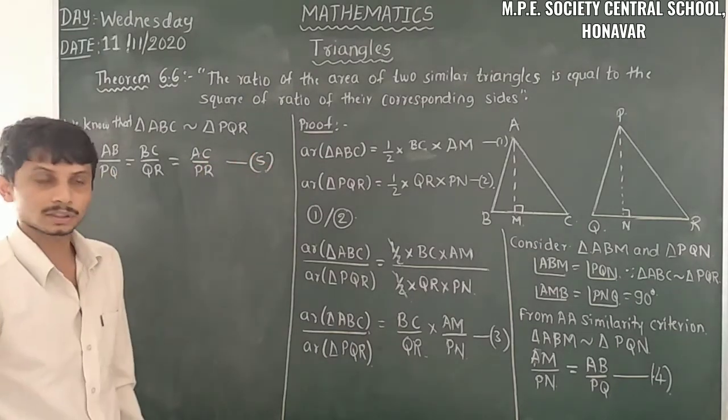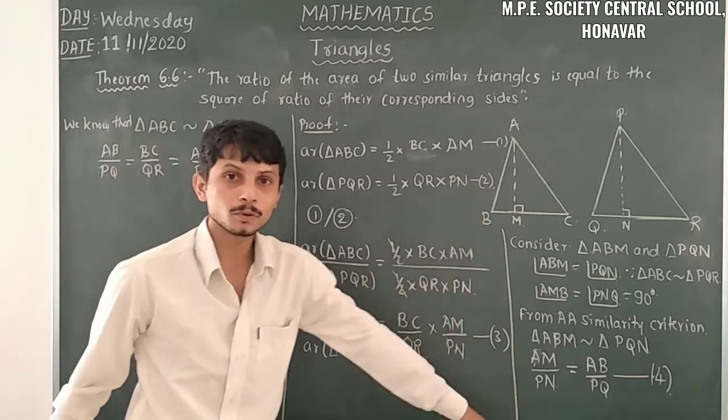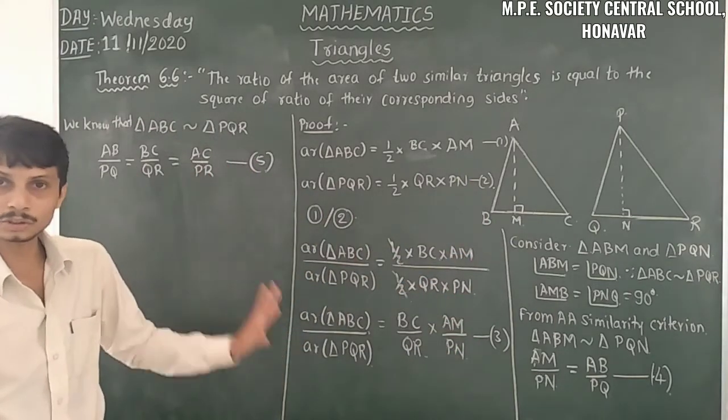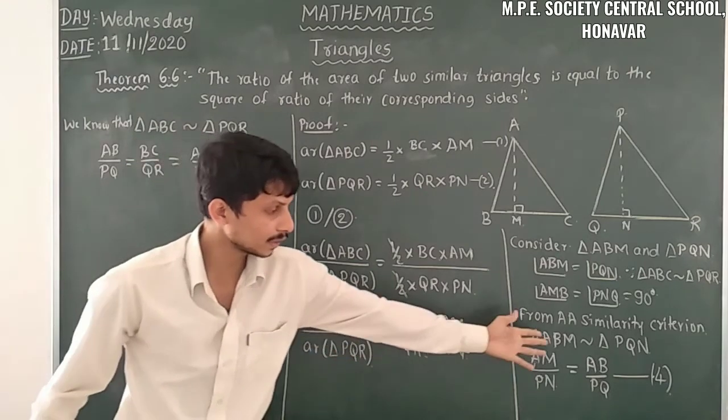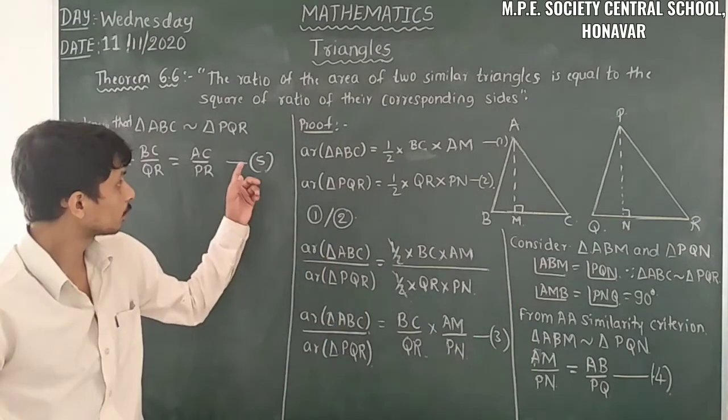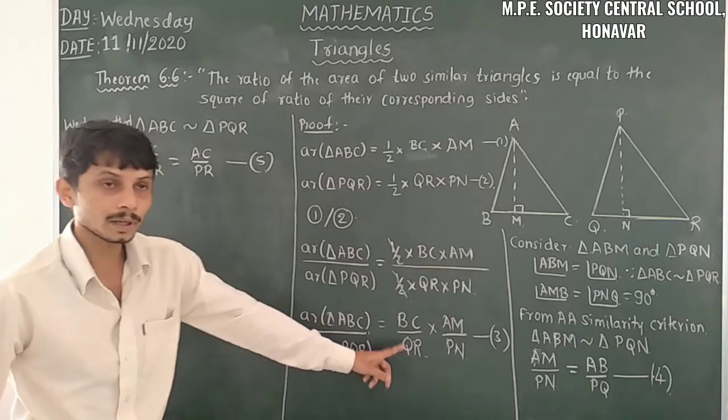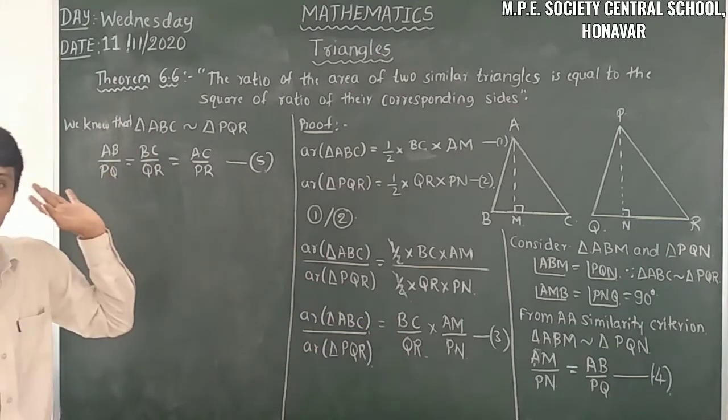Now we have to consider equation 3, equation 4 and equation 5. From equation 4 we can change AM by PN as AB by PQ. And from equation 5 we can change BC by QR, which is equal to AB by PQ.